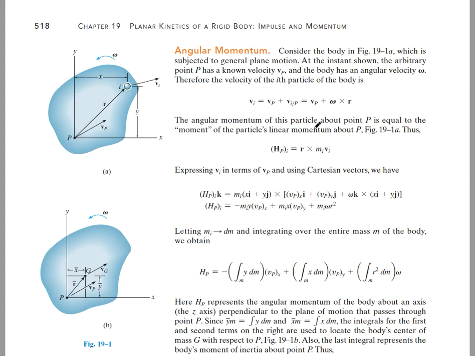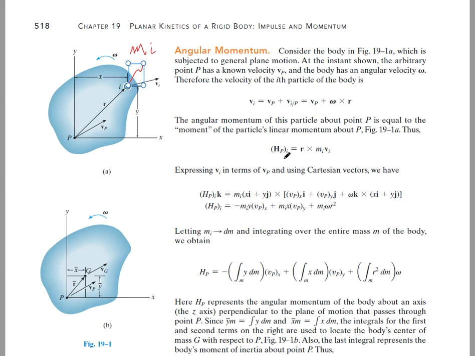For angular momentum, we learned about the angular momentum of just one particle or a system of particles, but here the system of particles forms a body. And so considering the point P, the angular momentum about point P of one particle, this is particle i and has the mass mi, although we can take it as dm, an infinitesimally small mass.